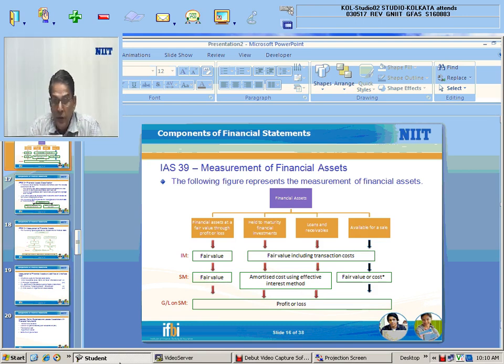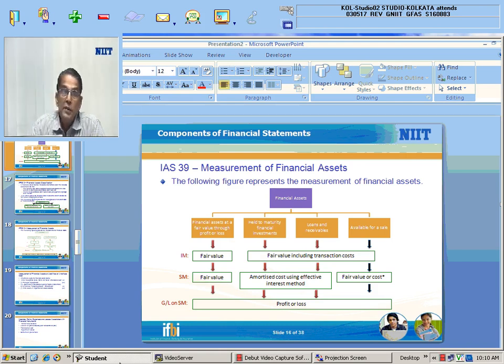So FVTPL is measured at fair value on initial and on subsequent measurements, and any gain or loss due to the difference between the initial measurement and subsequent measurement is transferred to the profit and loss account.